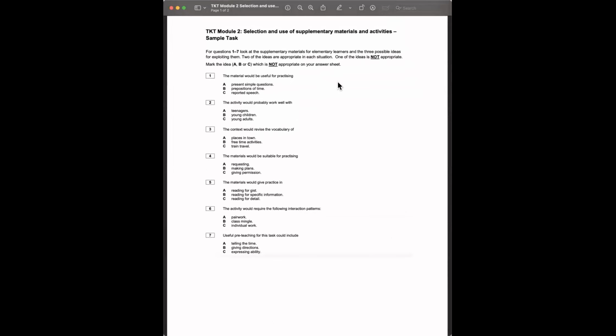You've got to choose the item which is not appropriate. Just be careful with that. One of the ideas is not appropriate.